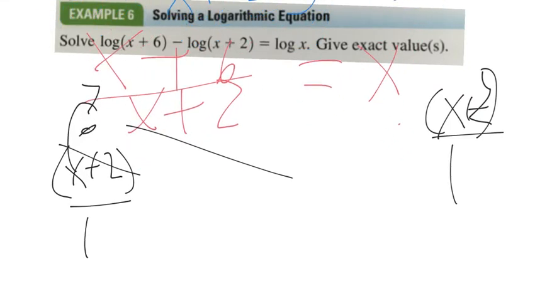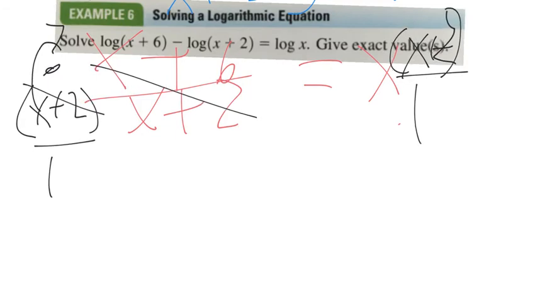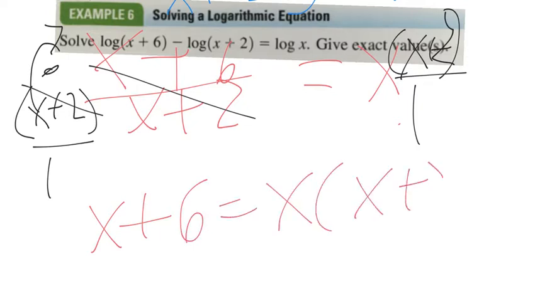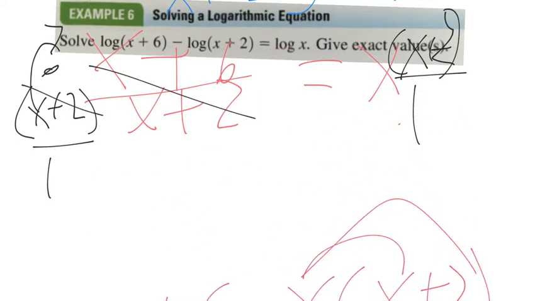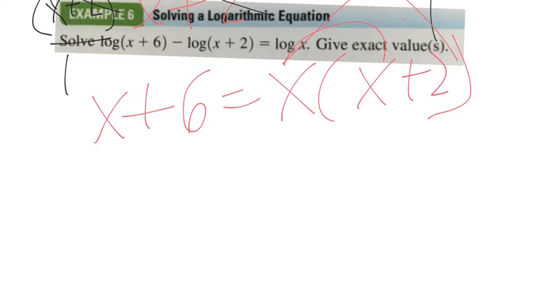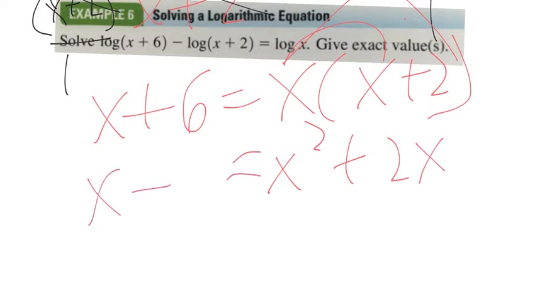But anyway, if you do that, you will end up with x plus 6 equals x times x plus 2. Now if you distribute, x times x is x squared, x times 2 would be 2x. That equals x plus 6.